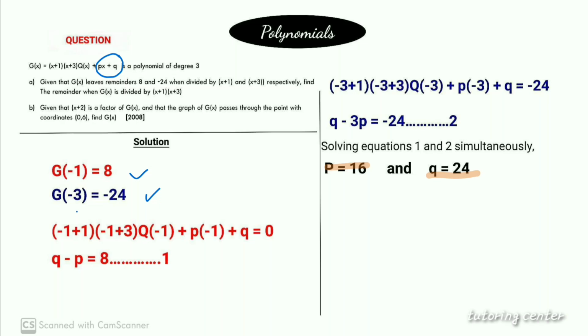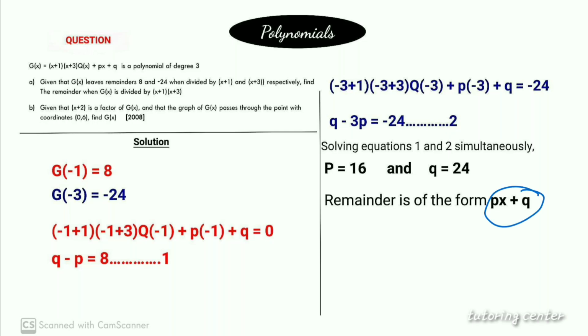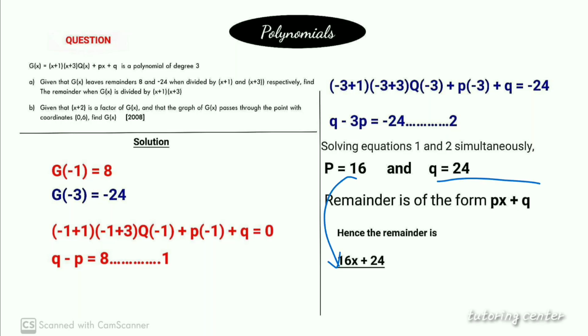When we did the same for negative 3, what we still had was px + q. What that means is that the remainder is of the form px + q, and since the remainder is of the form px + q, it means that the remainder which we are looking for is just 16x + 24, where p is 16 and q is 24.